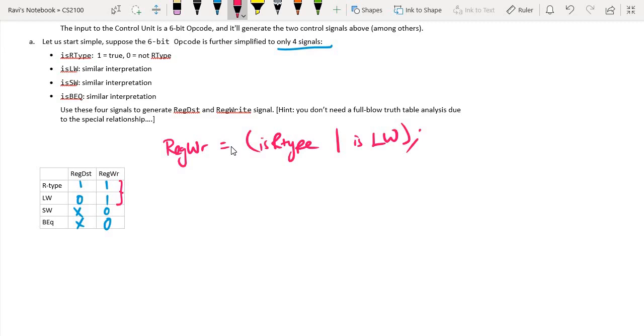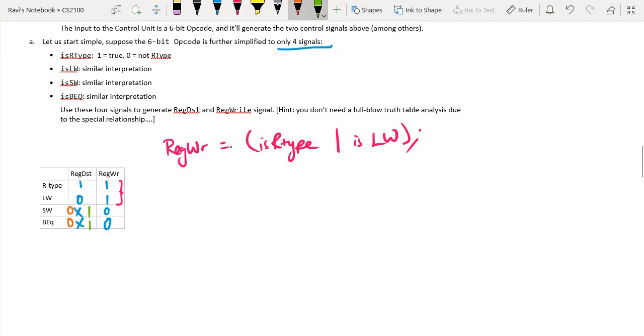Register destination has 2 x's here for store word and BEQ. And what we have seen before is the x or don't care conditions can be interpreted in a way that makes our life easier. If it helps us, then we interpret it and use it to our advantage. If not, we don't need to use it. So right now, we can interpret these x's as either 0, 0 over here or 1, 1 over here.